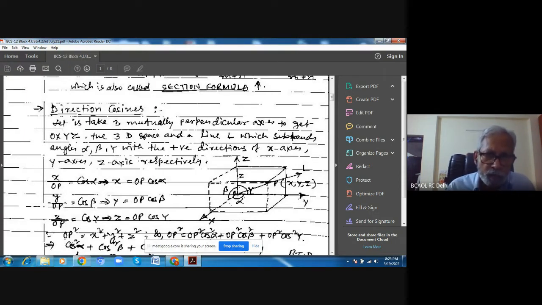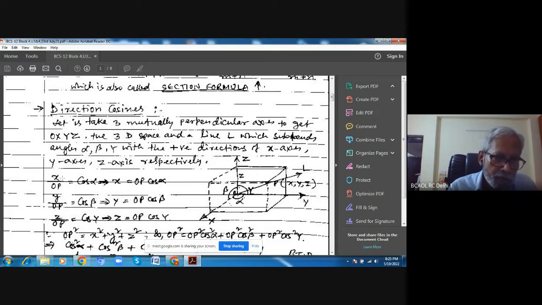Now, with the positive directions of the x-axis, y-axis, and z-axis respectively. This line OL is in a positive direction, not negative: positive with the x-axis, positive with the y-axis, positive with the z-axis, respectively.